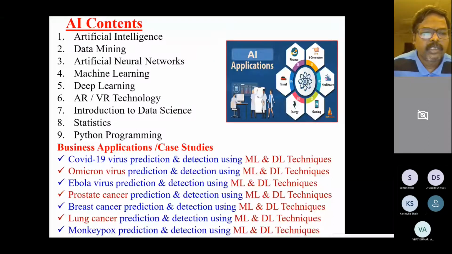Today I am going to explain AI contents like artificial intelligence and allied subjects like data mining, artificial neural networks, machine learning, deep learning, augmented reality, virtual reality, and a few data science applications, statistics, and Python programming.